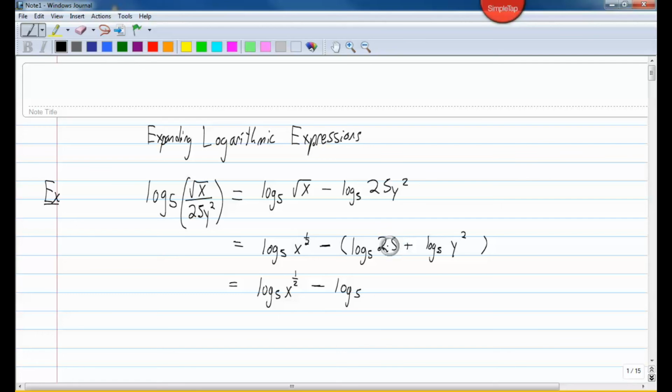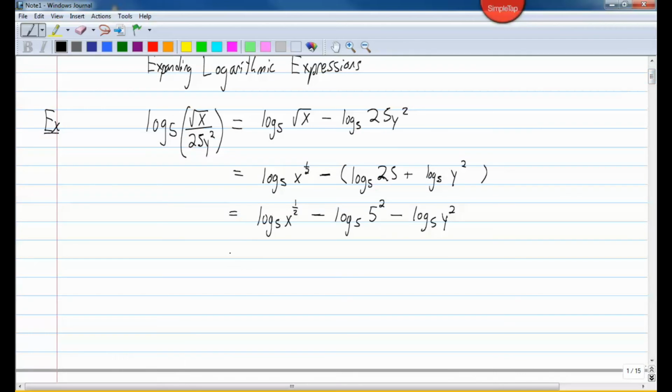Is there any way to rewrite 25 as 5 to some power? Yes, right? That's the same thing as 5 squared. And then this negative I have to distribute to both terms, so that's minus log base 5 of y squared.